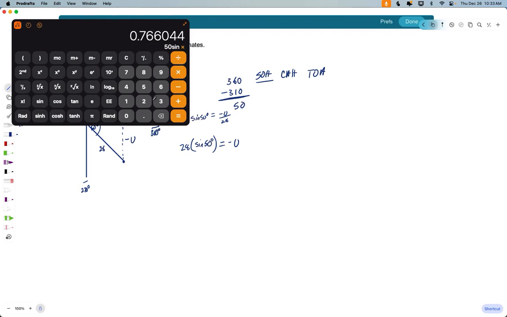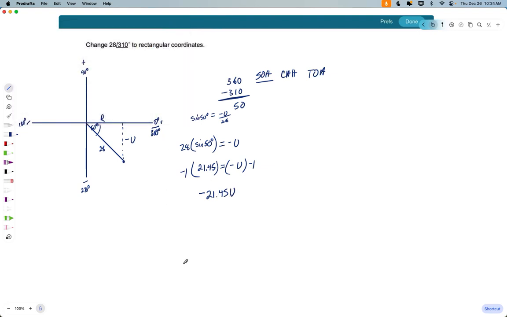Then I'm going to multiply times the number on the outside. And then I'm going to round this to two places, so 21.45 is equal to negative u. We don't want a negative variable, so we multiply both sides by negative 1. So negative 21.45 is the length of u.